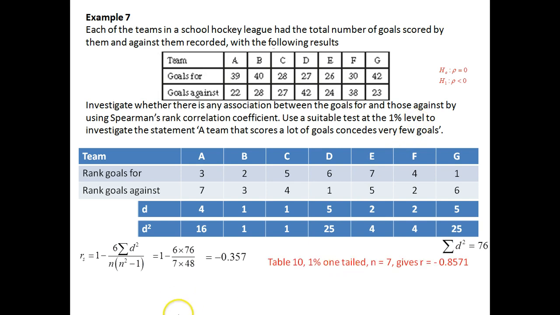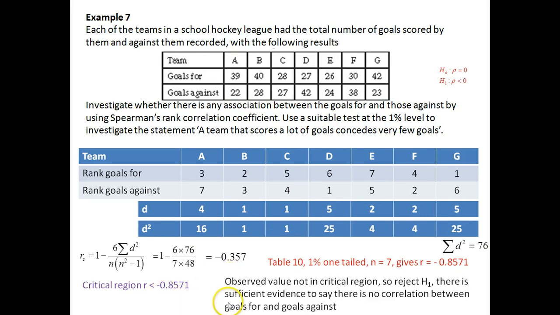Table 10 says critical values of the Spearman's rank correlation coefficient. One-tailed at 1% and n is 7 gives r, and we're looking at the negative values, so minus 0.8571 is our critical value. So we're looking at the critical region being below that.